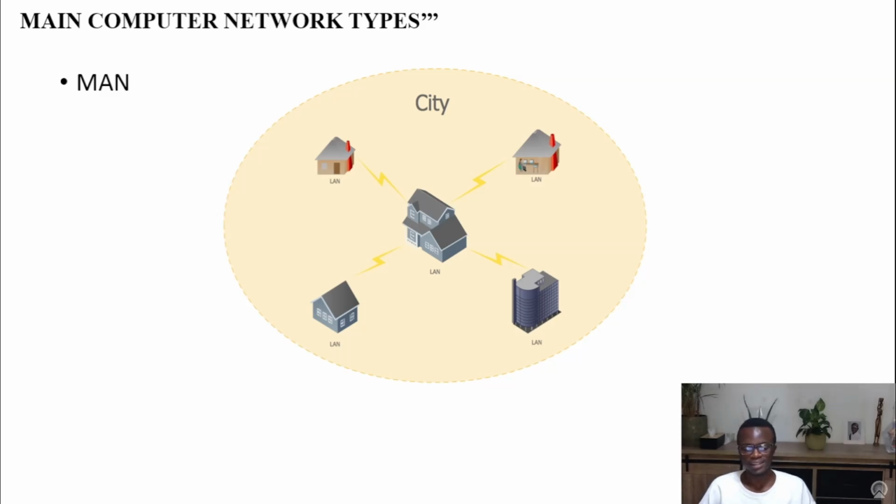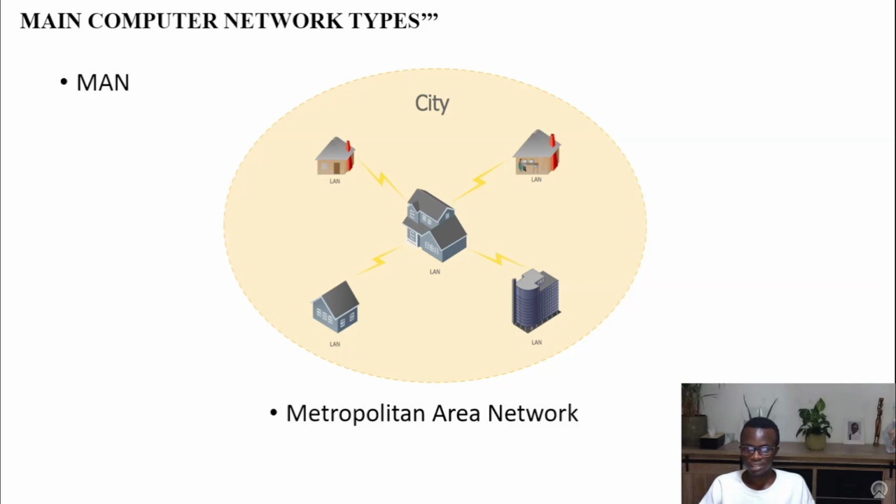It's not LAN, it's not WAN, it's a metropolitan. So as experts, when you are accessing a network, you have to specify what kind of network am I using. It will be better. So as I told you, it's a metropolitan area network.